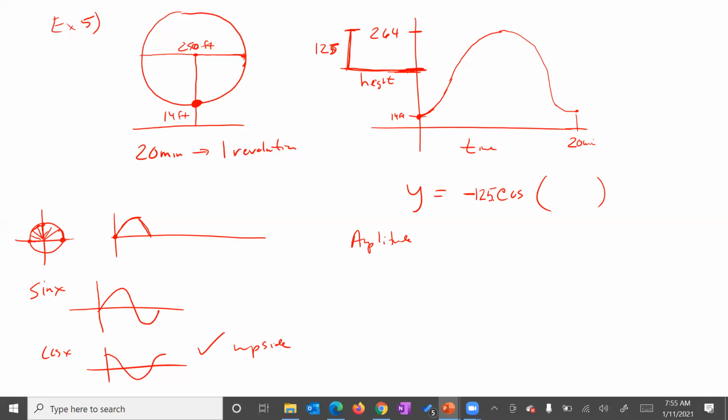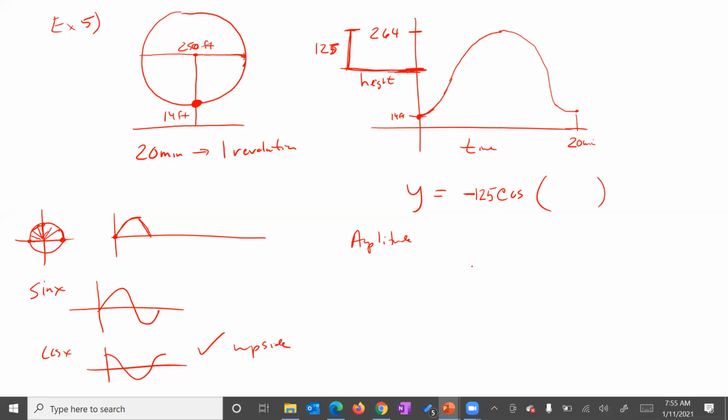Go back to the beginning of 4.3 notes, and I think you have a formula for period. You guys have a formula for period? Would it be 10 over pi? Or pi over 10? Yeah, pi over 10 or 10 over pi. I don't know. I sort of already saw the equation here. Thank you for your honesty, Adrian. Okay, so let's see.